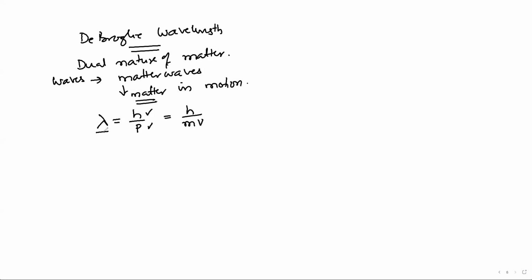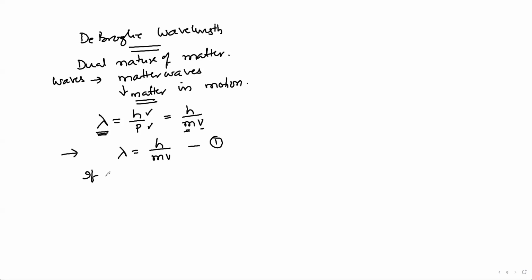The relations between lambda, mass and velocity are very important. Now, I take the different forms of the de Broglie wavelength. It is given by h by mv. This is one of the important formulas to remember.